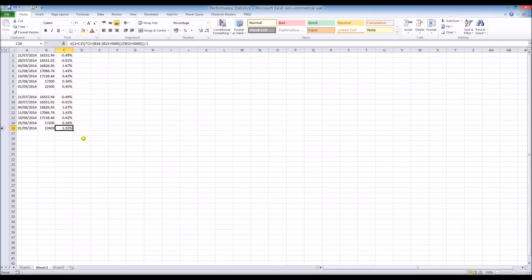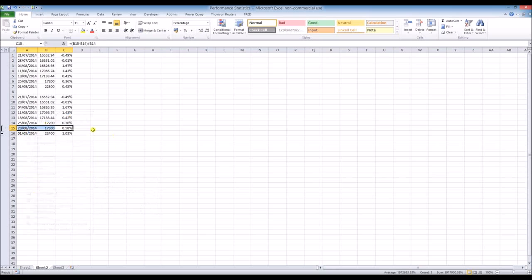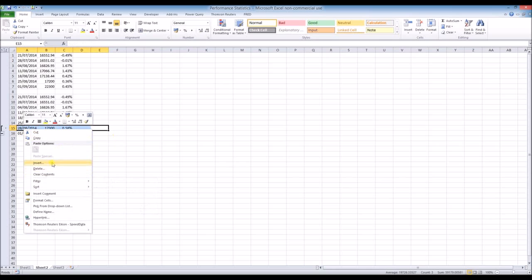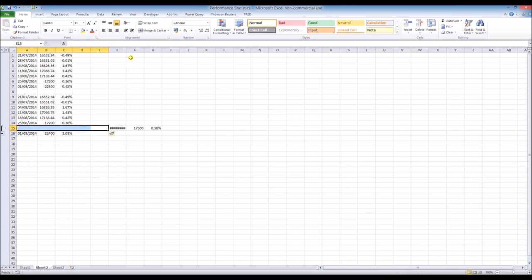And then all you do then is just close that, and those are your returns. So the only issue then that you might run into is when you use these columns to do your performance statistics, you don't really want to include this in your portfolio statistics. So you could just basically shift those across. So select 5 cells in a row, right click, insert, shift cells to the right, and do it that way.